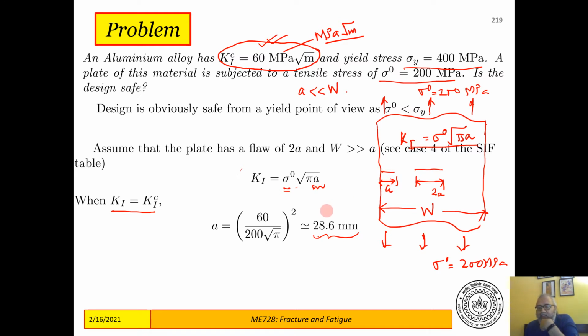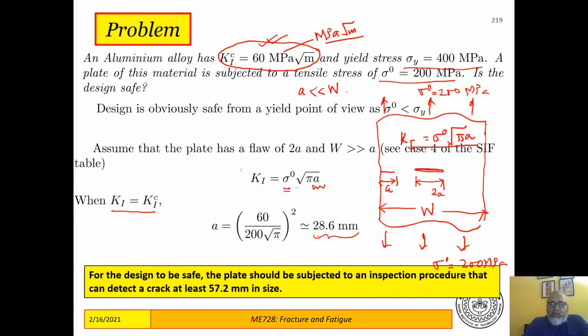If that turns out to be smaller than this, then that is the critical crack location that you have. Okay, so for the assumption that the crack is here and is of length 2a, your inspection procedure should be able to detect a crack of at least 57.2 millimeters in size.